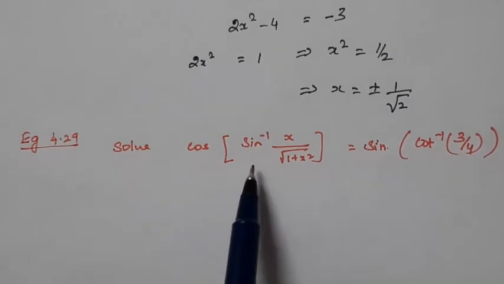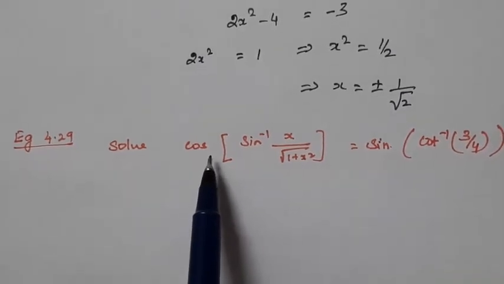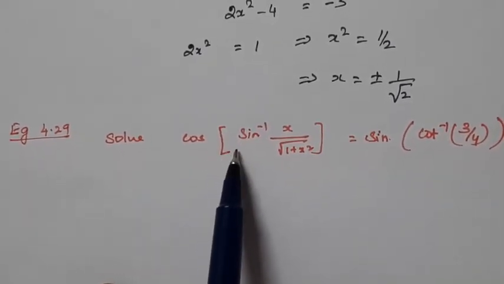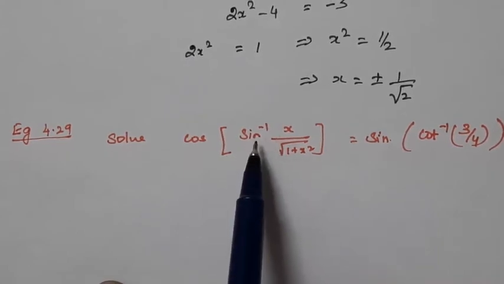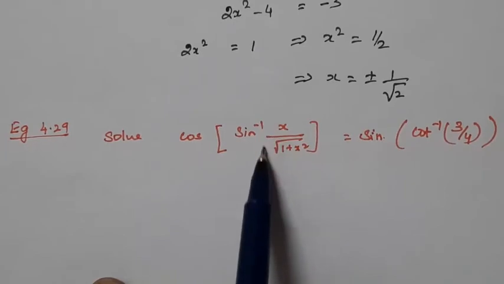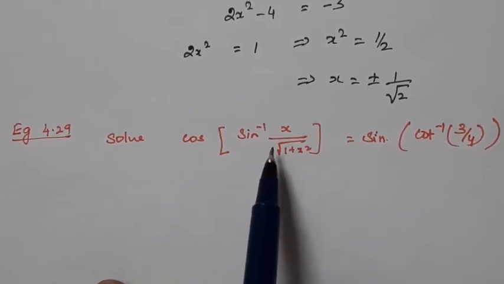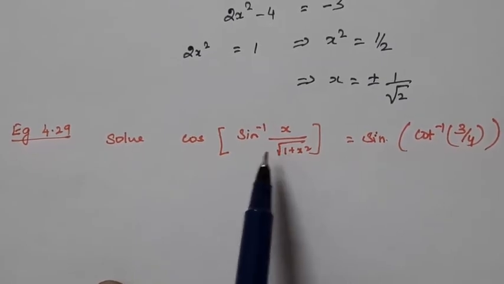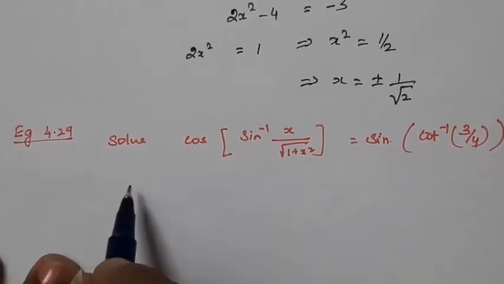Okay. And then here, by property number 9, there is an identity which resembles the expression here. This sin inverse of x by root of 1 plus x squared reminds us of the identity under property number 9. Okay. So what is that identity?